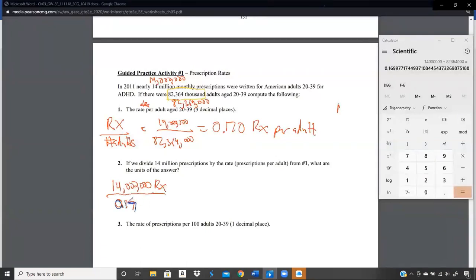So this is a division, the 14 million divided by the 0.17. But the units in the bottom are not just a single unit, it's a fraction. So what we really need to do here is write this in a slightly different way.